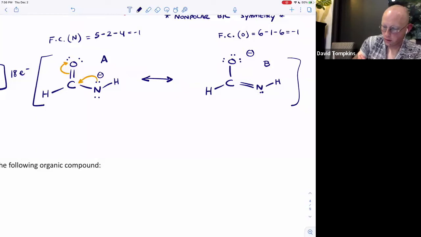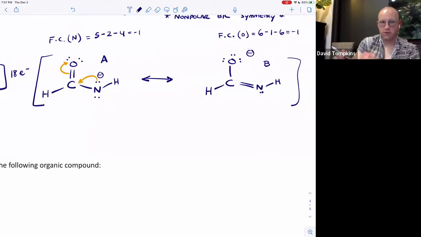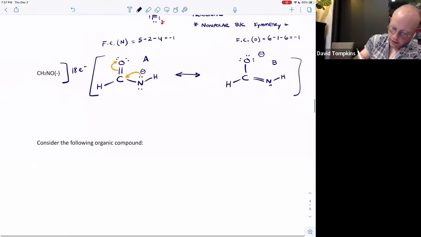Now, when you're thinking about resonance forms, remember that it's not an equilibrium. It's not these arrows going back and forth. These are not two different molecules. These are just two different simple pictures that we can draw that describe a more complex hybrid molecule. And we're going to draw that hybrid below.